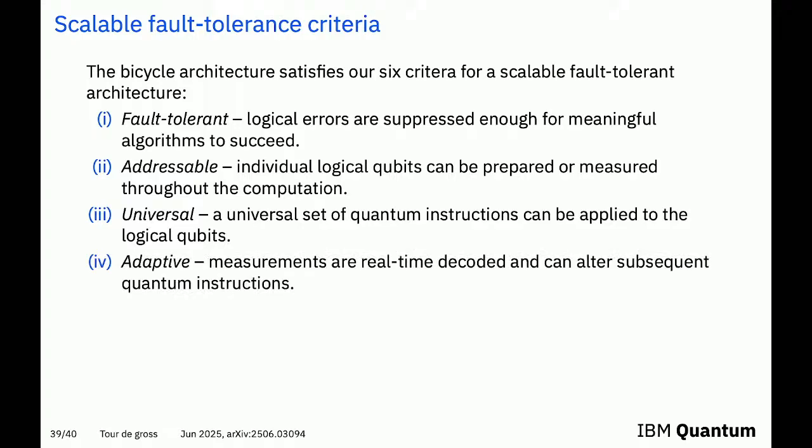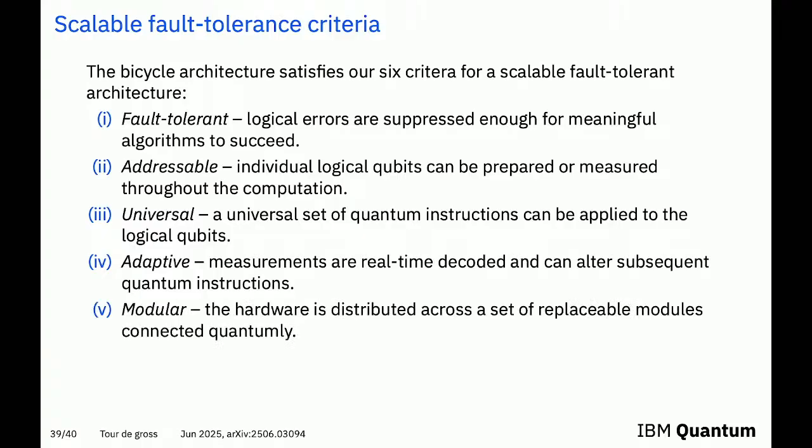But moreover, we think that our architecture can be adaptive in that our measurements can be decoded in real time using this relay BP decoder or some improvement of it, and these results can then be used to alter future instructions. And this is very important when you do a magic state injection. Moreover, this architecture is modular in the sense that it can be distributed over many modules that are replaceable.